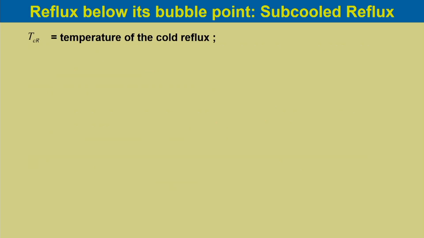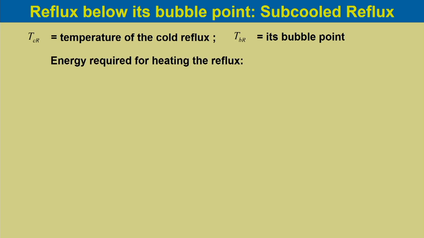Now, let us consider TCR as the temperature of the cold reflux and TBR as the bubble point temperature of the cold reflux fluid. The energy required for heating the reflux is Q, which would be equal to L naught CPR MR into the temperature difference, that is, the bubble point temperature minus the cold reflux temperature, as it reaches the bubble point on the tray.